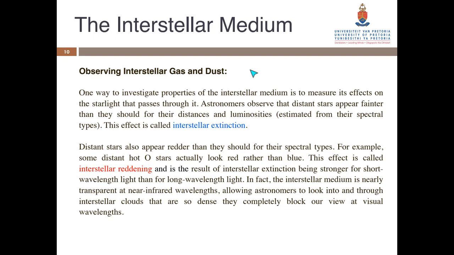For example, some distant hot O stars actually look red rather than blue. This effect is called interstellar reddening, and is the result of interstellar extinction being stronger for short wavelength light than for long wavelength light. In fact, the interstellar medium is nearly transparent at near infrared wavelengths, allowing astronomers to look into and through interstellar clouds that are so dense they completely block our view at visual wavelengths.